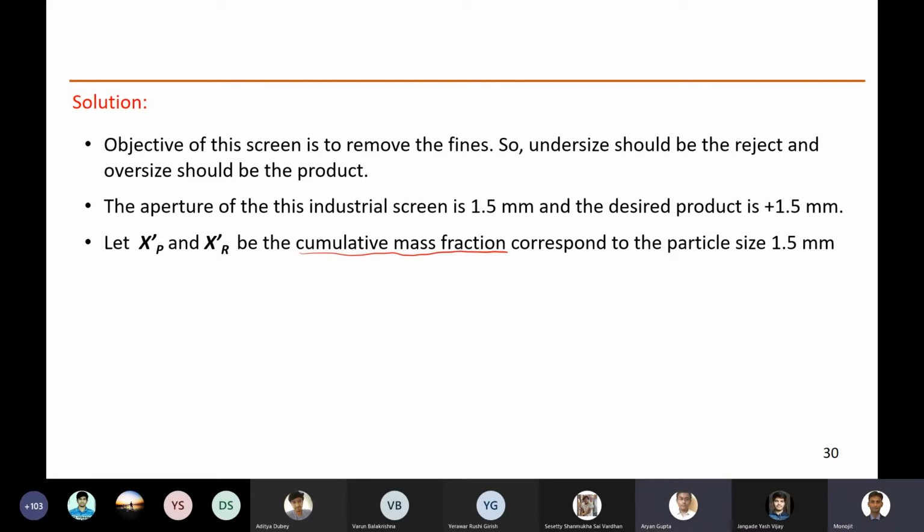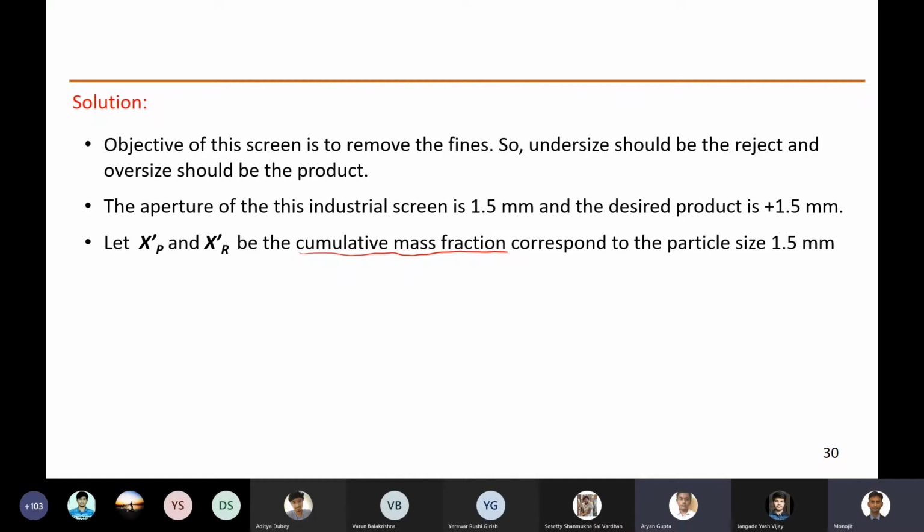Smaller than 1.5. Right. So the mass of all the particles having size smaller than 1.5 millimeter. But what do we want? That is our reject. What our desired product is, is exactly the opposite. We want the total mass of particles which is bigger than 1.5 millimeter, right?